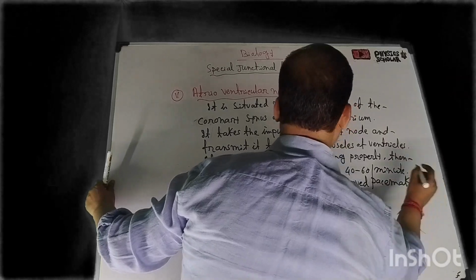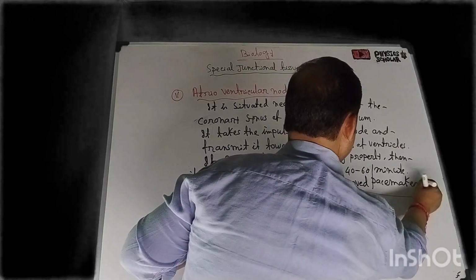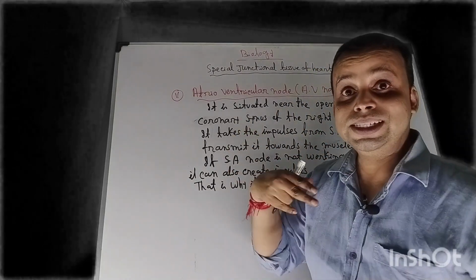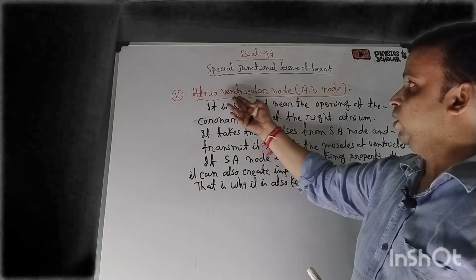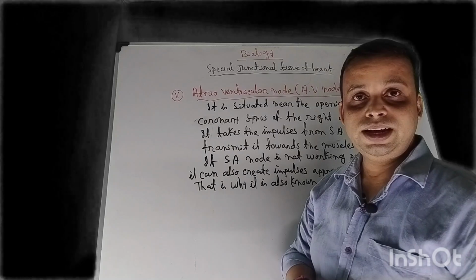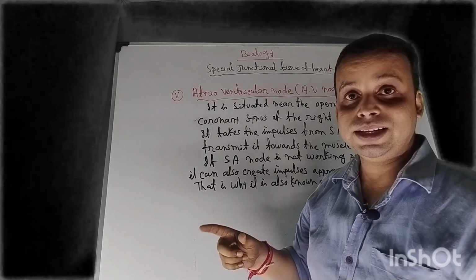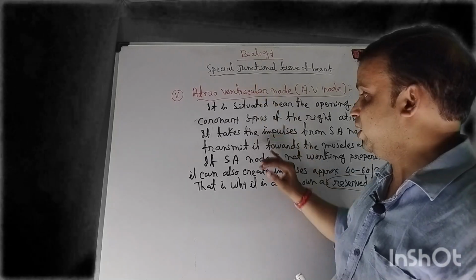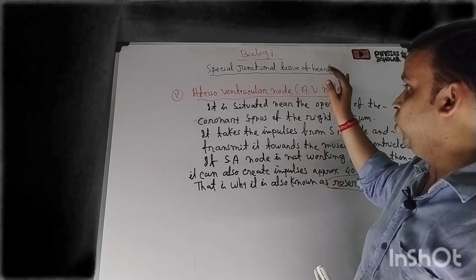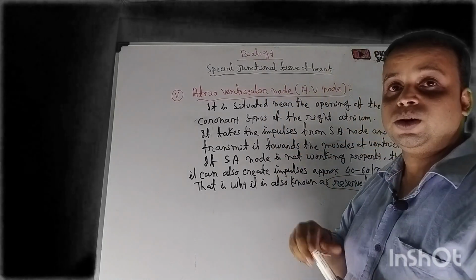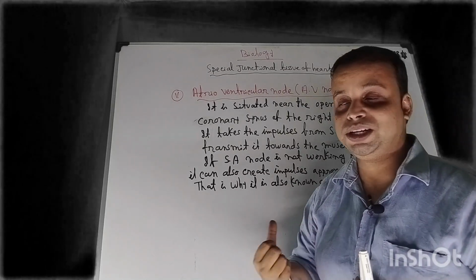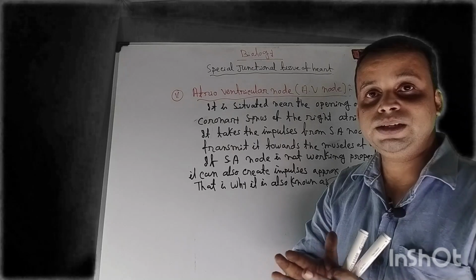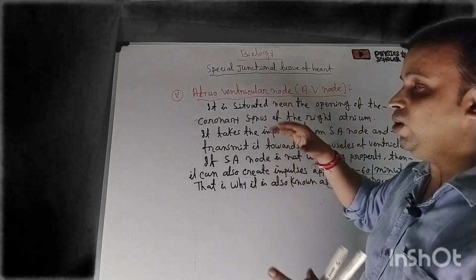So students, very important, don't make a mess. Pacemaker is the SA node, the sinoauricular node. Reserve pacemaker is the AV node, the atrioventricular node. Clear? The AV node is situated near the coronary sinus of the right atrium. The amount of myofibril is very less, and Purkinje fiber can be seen. It is a junctional tissue.